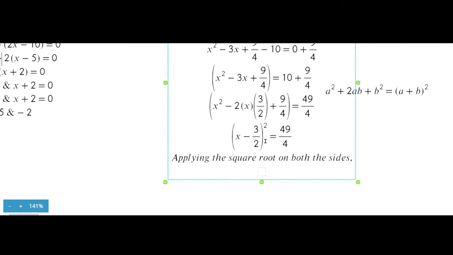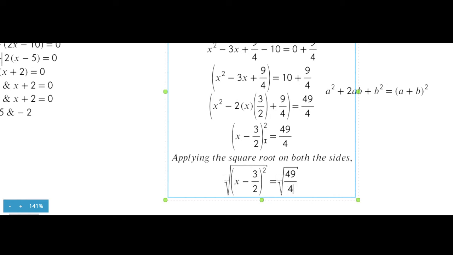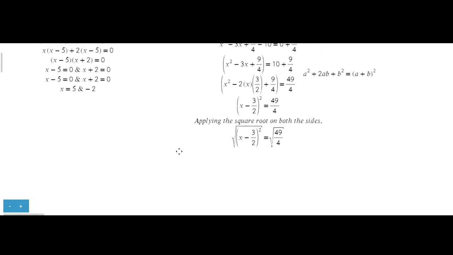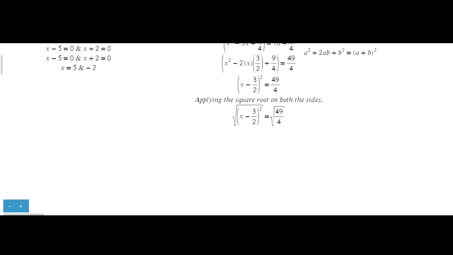So you will get a result like this: x minus 3 divided by 2 is equal to, again square root here, and write down your number 49 by 4 like this.